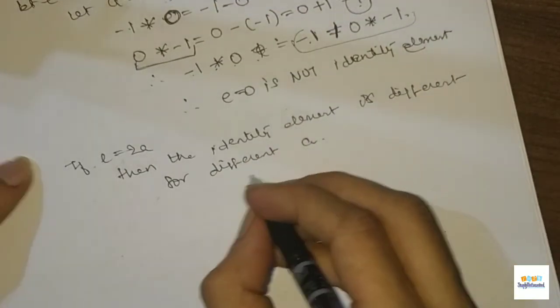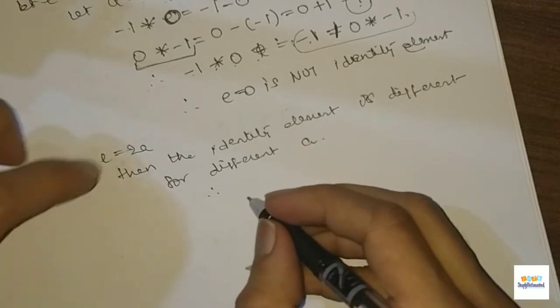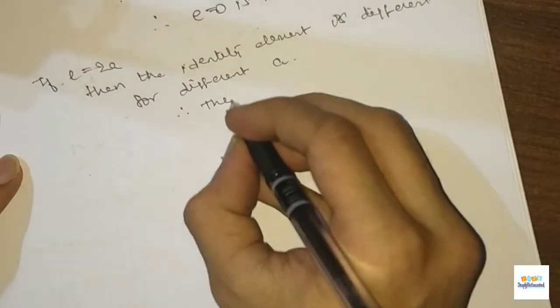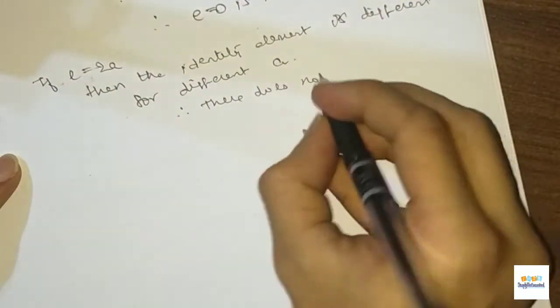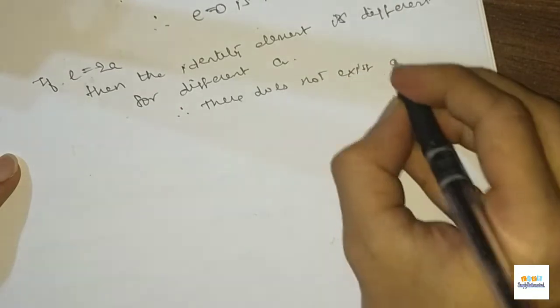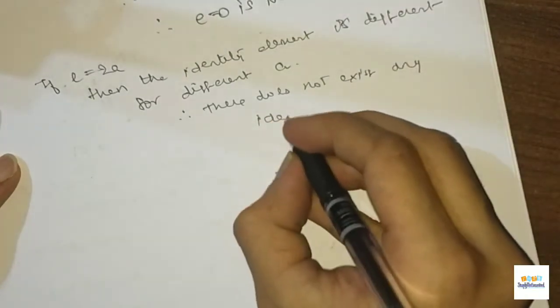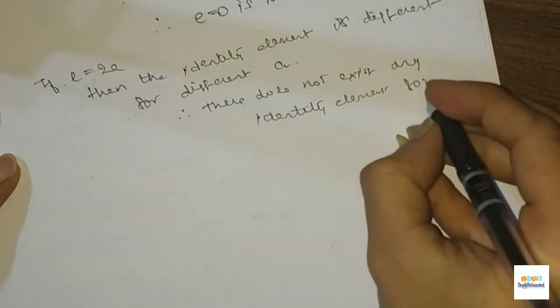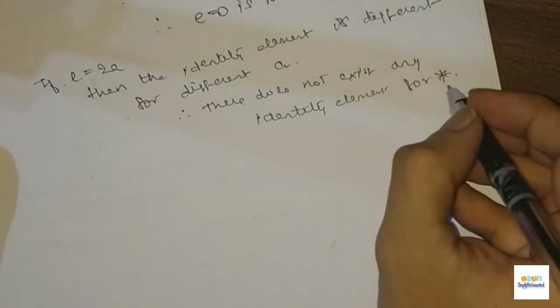Therefore this operation actually doesn't have any identity element, or there does not exist any identity element for the binary operation star.